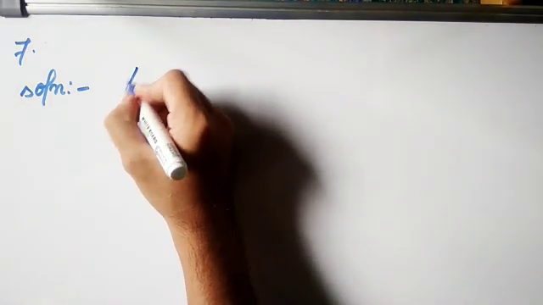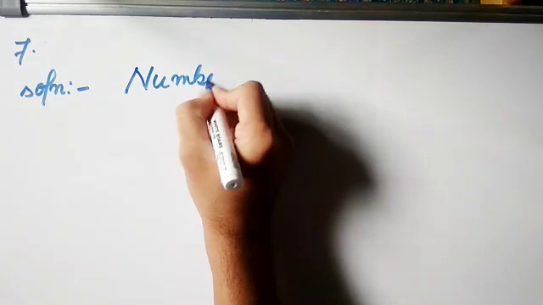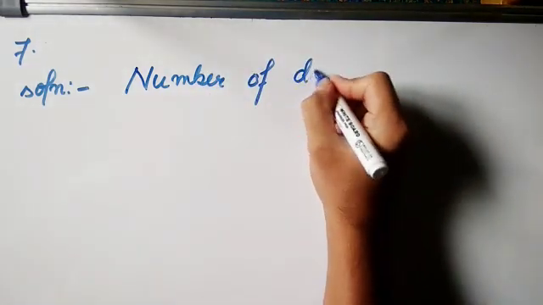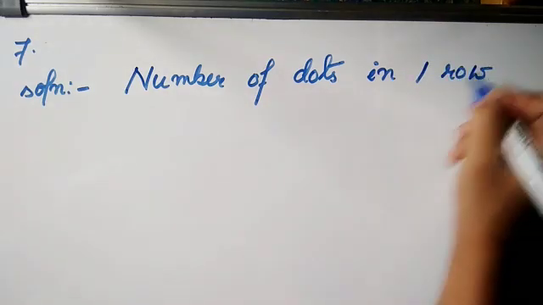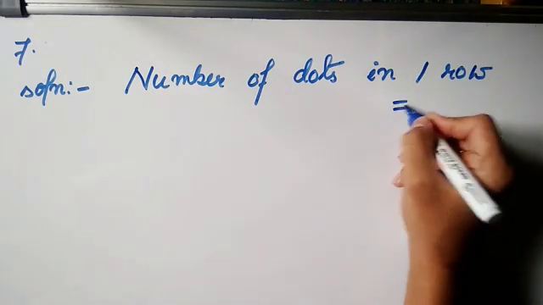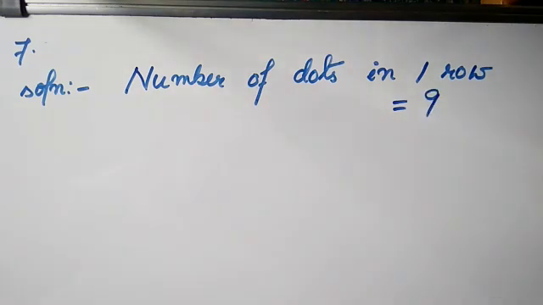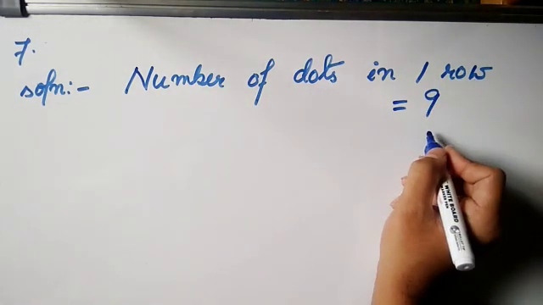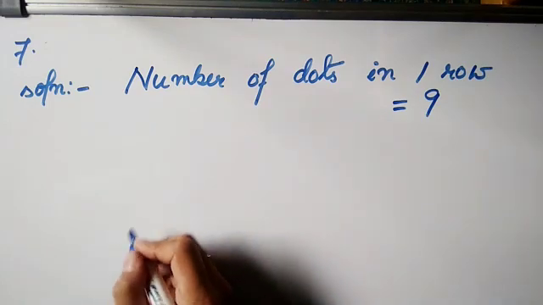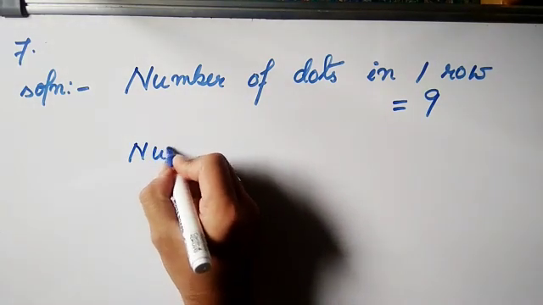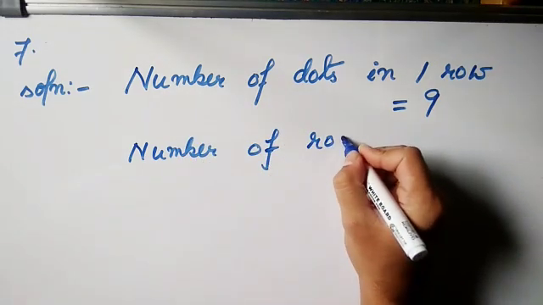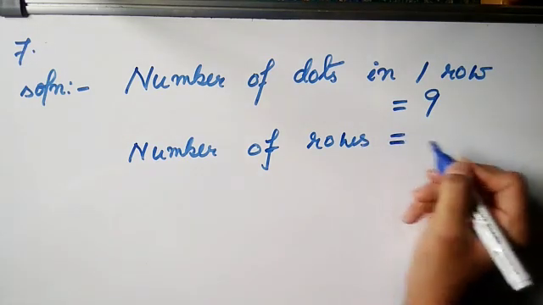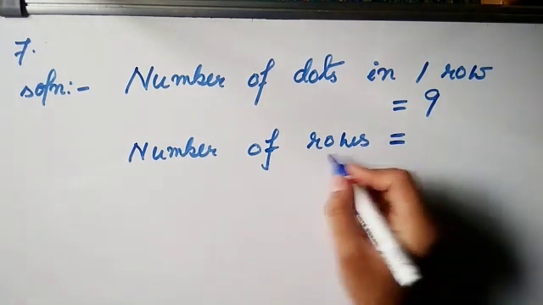So students, let's write our first statement. Our first statement will be number of dots in one row. So how many dots are there in one row? Yes, it's given in the question. 9. Number of dots in one row is given as 9. Then number of rows. In the first question, they ask us to find the number of dots for how many rows?